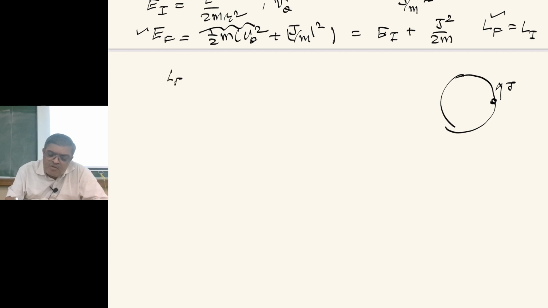So L_F is going to be equal to L initial plus or minus, depending upon the direction of J. If the particle is moving in this direction and J is in the same direction, then the change is J times R, the radius of this.